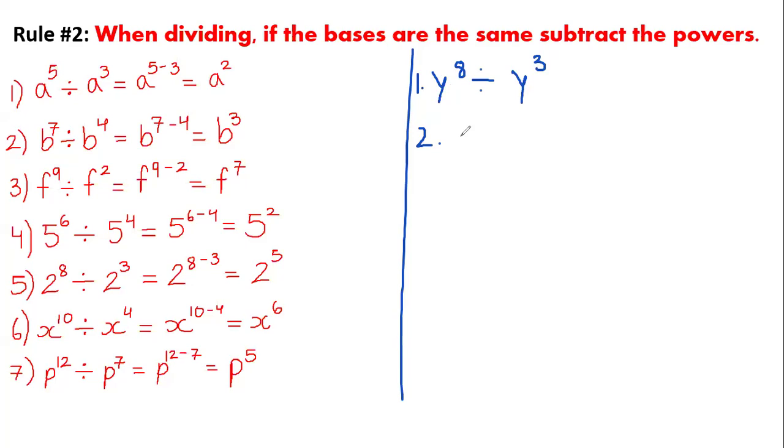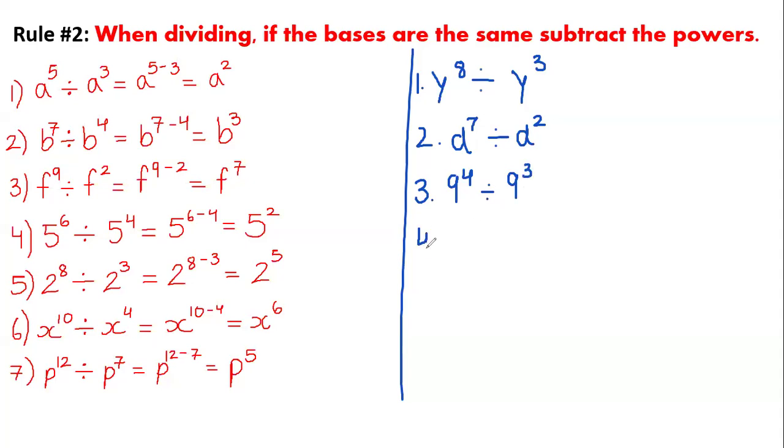Number 2, D to the power of 7 divided by D to the power of 2. Number 3, 9 to the power of 4 divided by 9 to the power of 3.